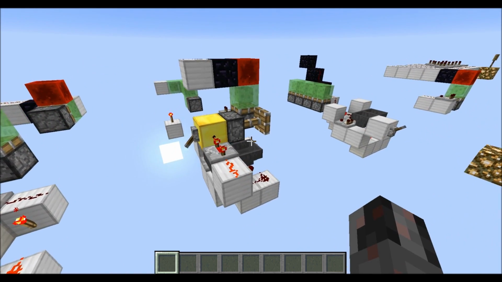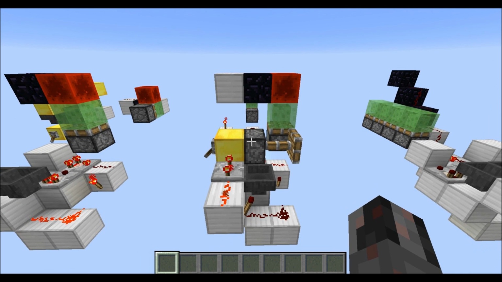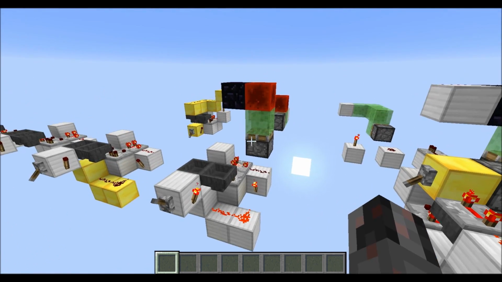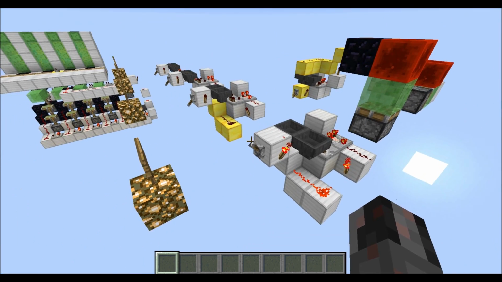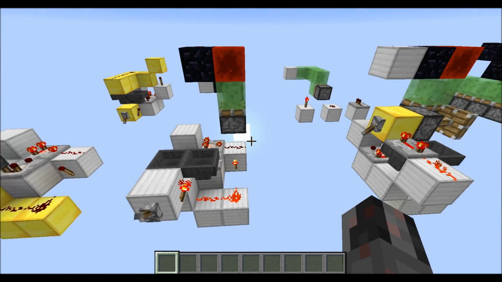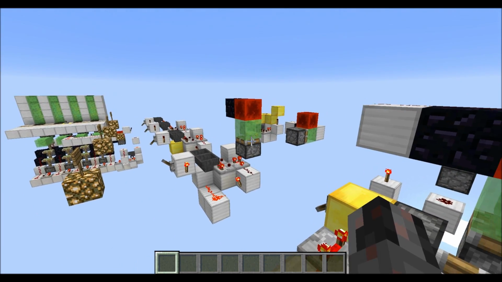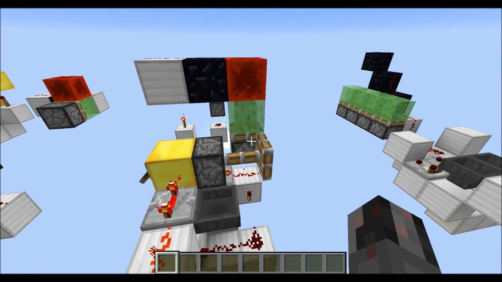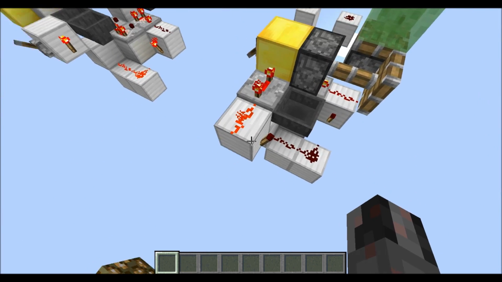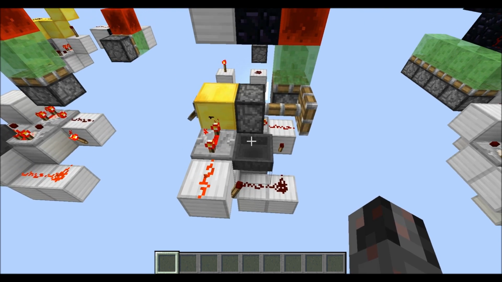And to do this, we can go two ways. The first way is actually using a second block update at the beginning here, at the input, or giving the block we also already have in our contraption an update shortly before we actually start inverting the signal or changing the input signal of our contraption down there.